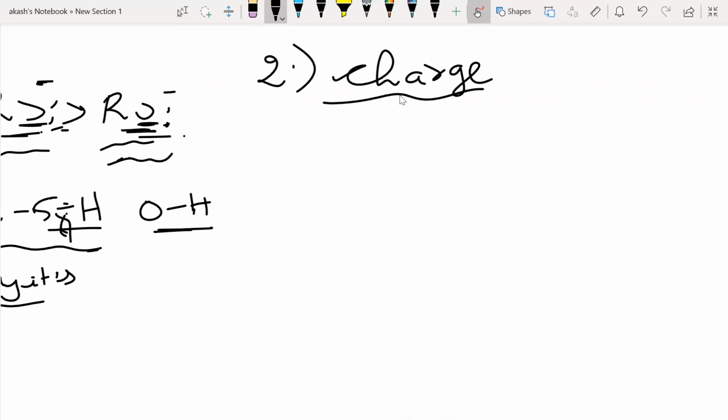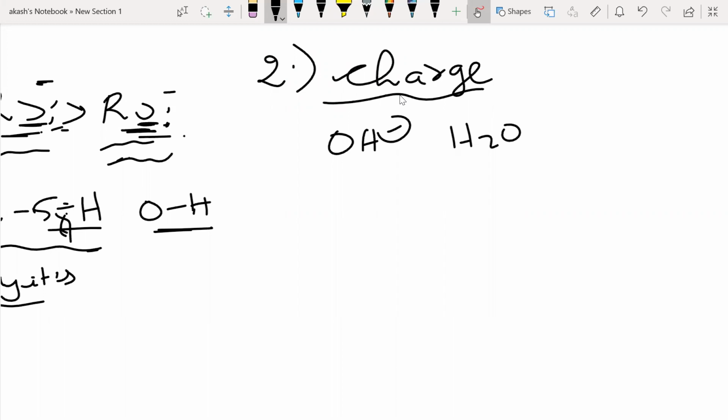What I'm trying to say is that if I have a charged nucleophile and a neutral nucleophile, definitely a charged nucleophile is going to be a better nucleophile. See, OH minus and H2O are going to give me the same product, alcohols in general, isn't it? If I have an RCl and if I put NaOH or say H2O, you will see that both of them will give me alcohol.